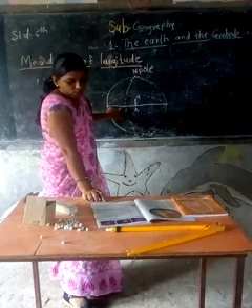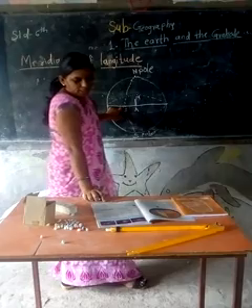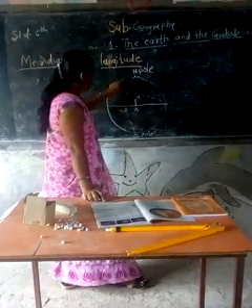We draw the point B, and then the semicircle passing through this point.